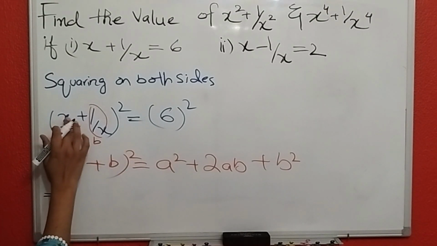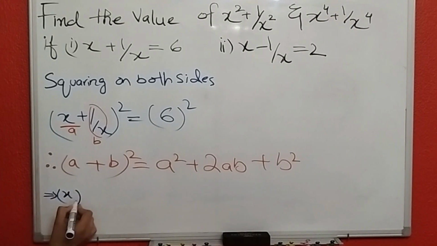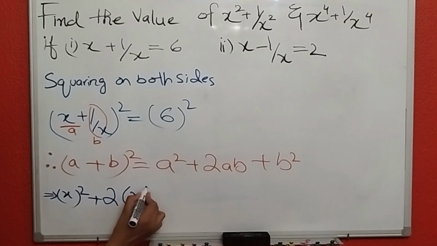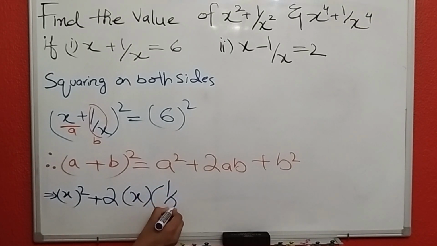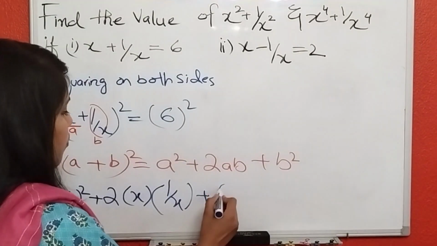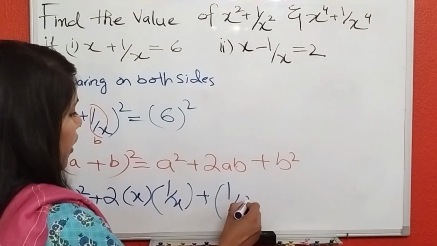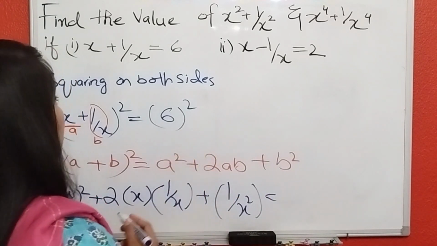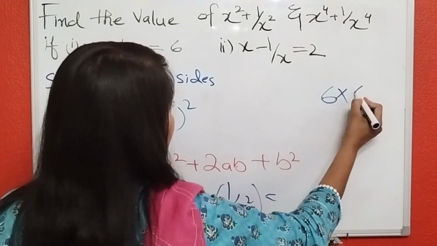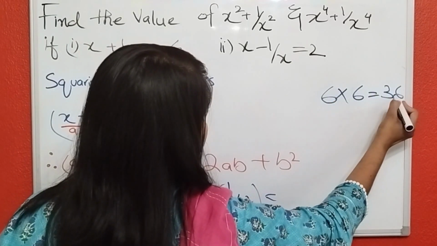Here you can see a is x, so x square, plus 2 will be the same, a is x and b is 1 over x, again the plus sign will be the same, and b square is (1 over x) square. And then what about this? The square of 6 is 6 multiplied by 6, which means 36.